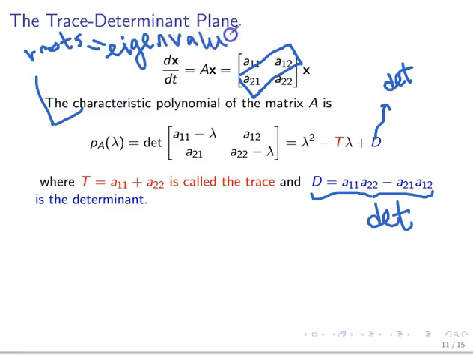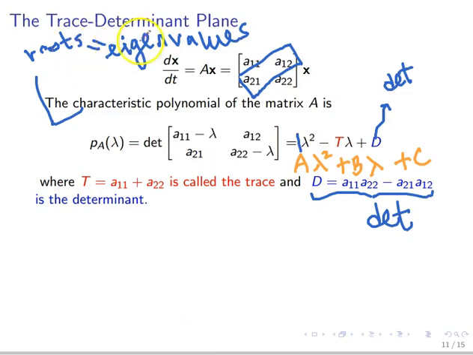Okay, so we have expressed this polynomial with coefficients 1, minus t, and d. So remember, the classical way of calling these coefficients would be something like a lambda squared plus b lambda plus c. So these coefficients now, a is 1, b is negative t, negative the trace, and c would be the determinant.